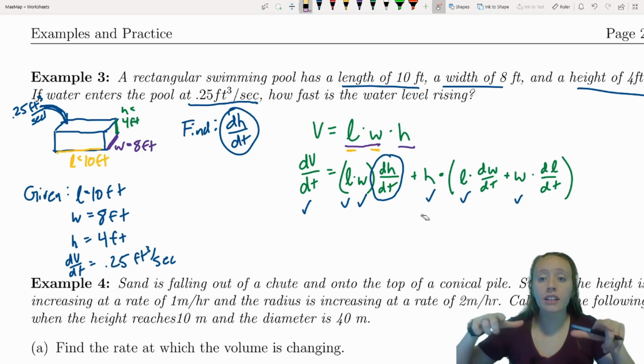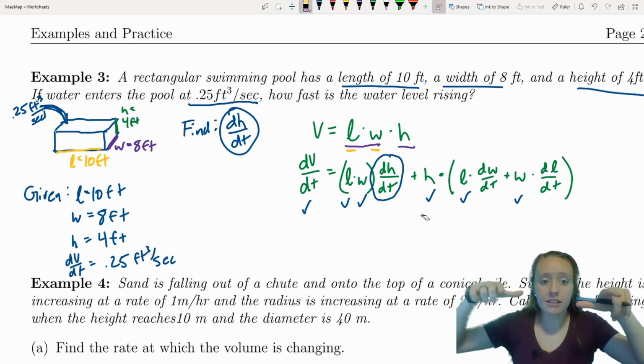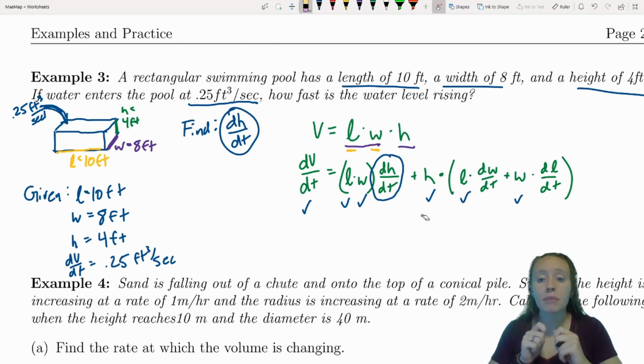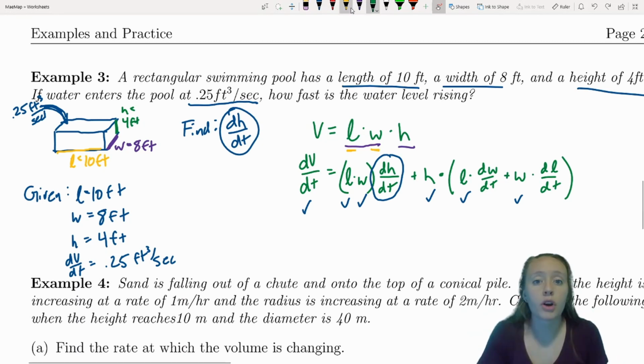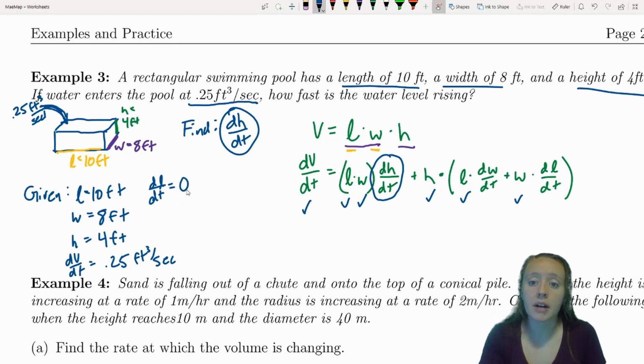The only thing that's changing is the height. My length and my width are both constant, so when I take the derivatives of constants, that's 0. So both my dL/dt and my dW/dt are 0, and this is in feet per second.